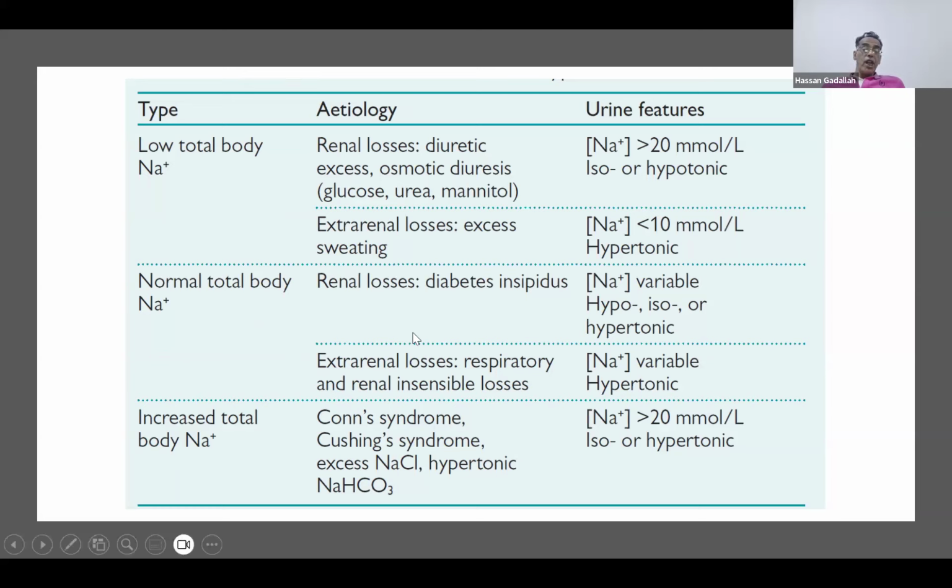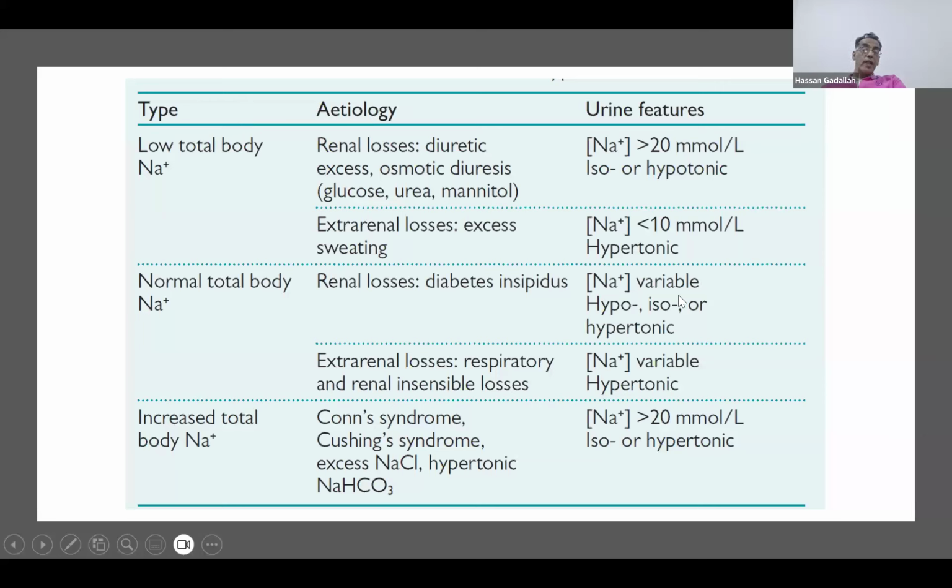This is in case the kidney is the cause of this disorder, or it might be due to extra-renal causes like respiratory and insensible losses.